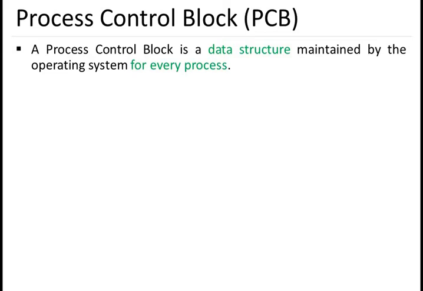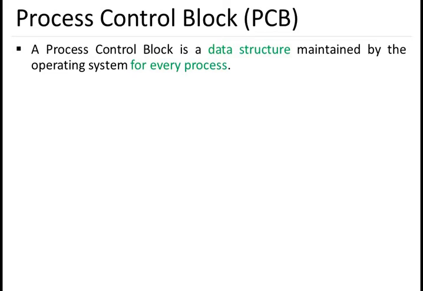So the question is, how does the operating system maintain which process is in which state, how many child processes were created by that particular process, and how to recognize that particular process in the entire operating system?